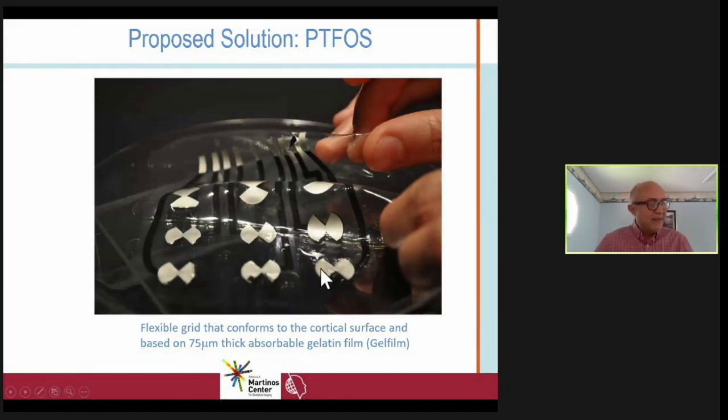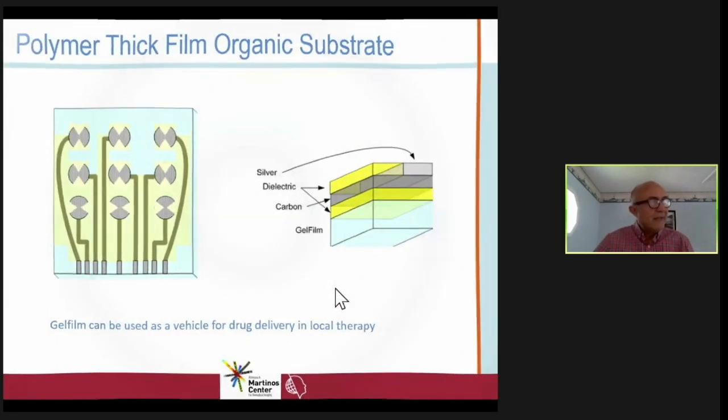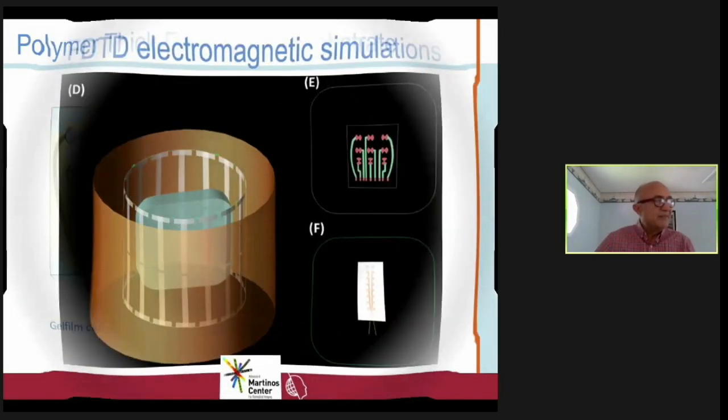So we came up with a new type of solution based on absorbable gelatin film, which is used currently in neurosurgery. And we used, also in this case, conductive inks.